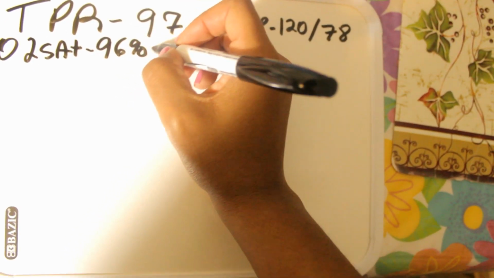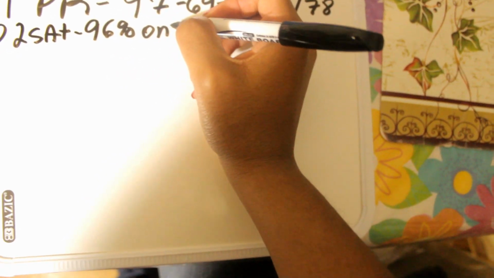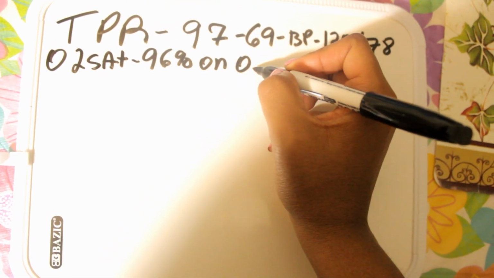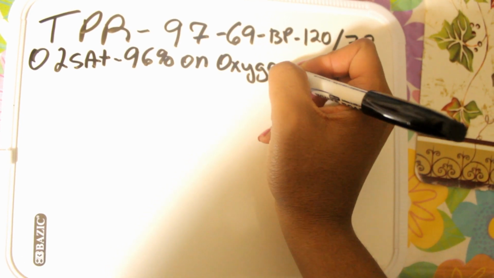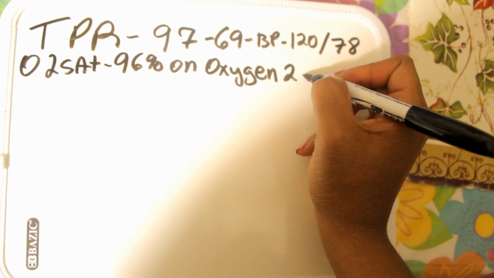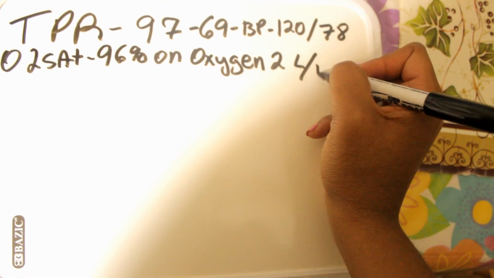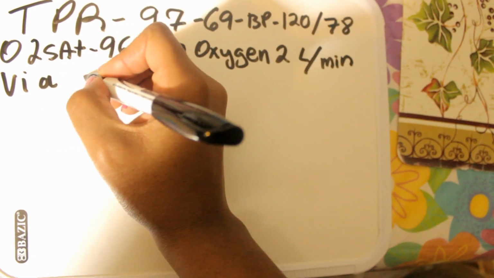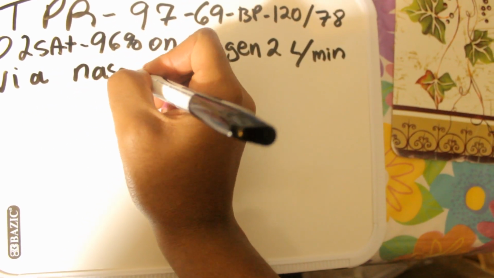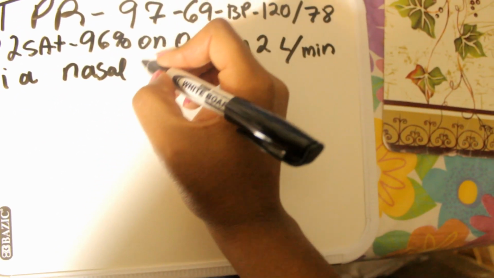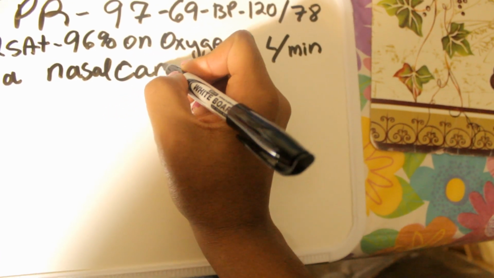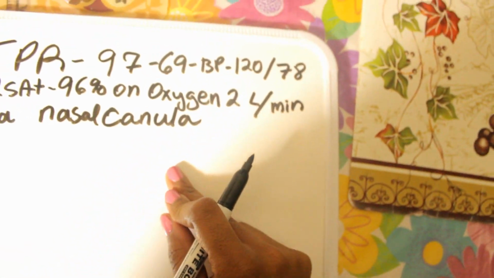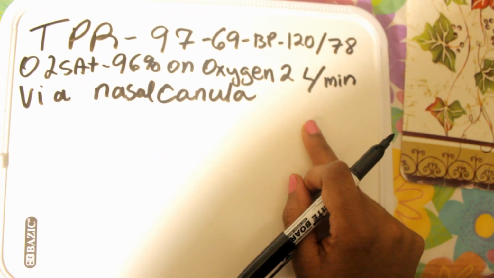If the patient's on oxygen, and this patient was on oxygen, in this case I would put on oxygen, 2 liters per minute via nasal cannula. So that's how the patient is receiving their oxygen: via nasal cannula at 2 liters per minute.